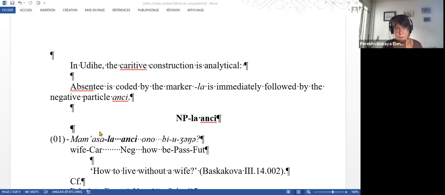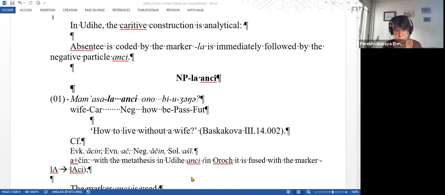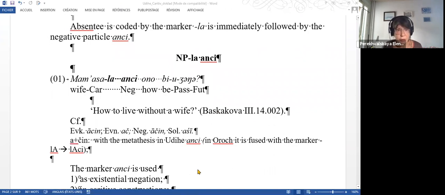About anchi, in all languages we have the marker achin, and obviously anchi is connected with achin, achin in Negidal, and probably Solon asi is also connected with it.